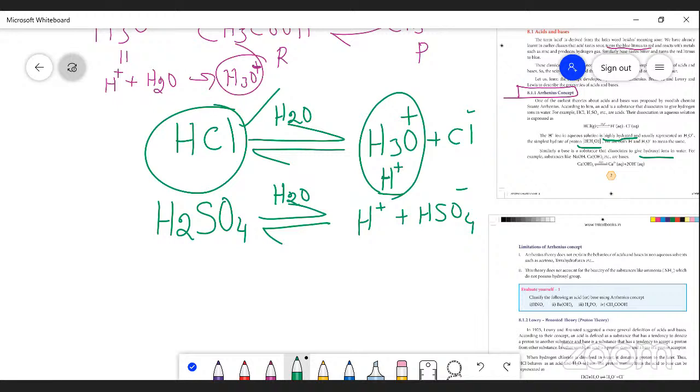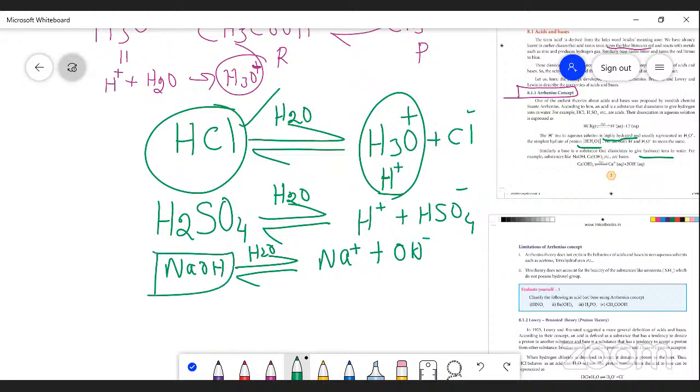For example, if you take NaOH and dissolve it in water, you get Na plus and OH minus. NaOH releases the OH minus ion, so it is a basic substance. According to Arrhenius.